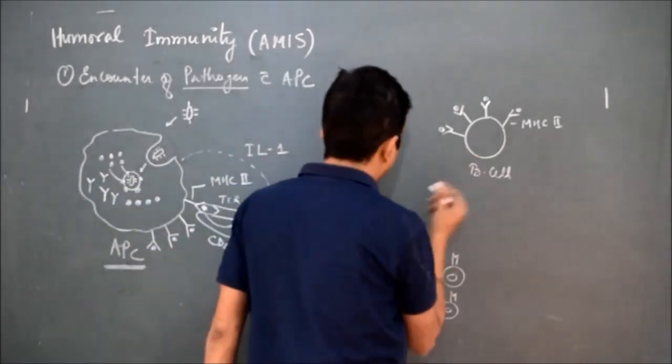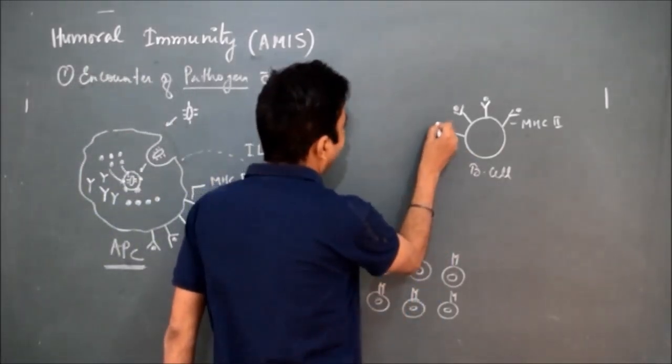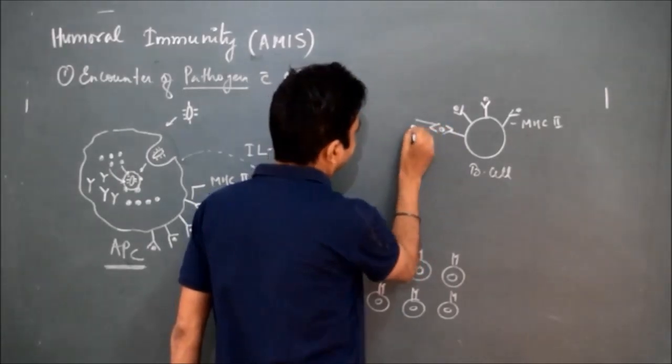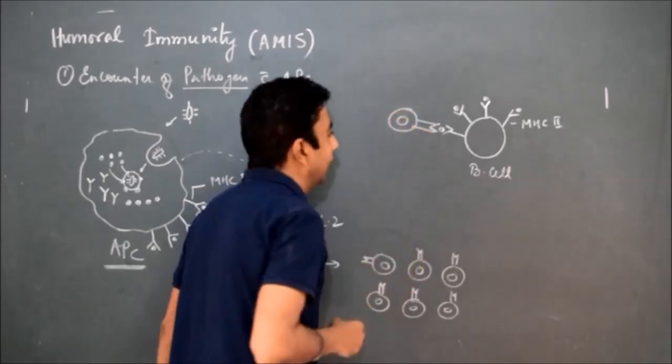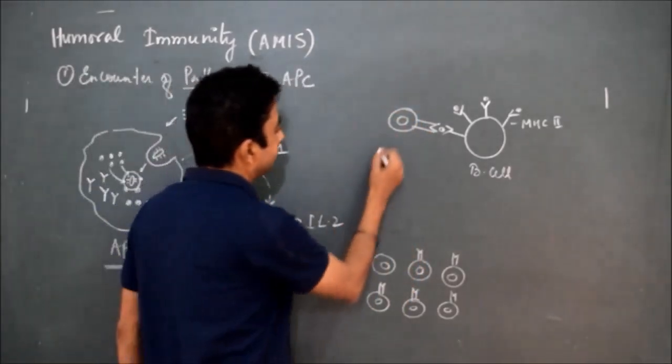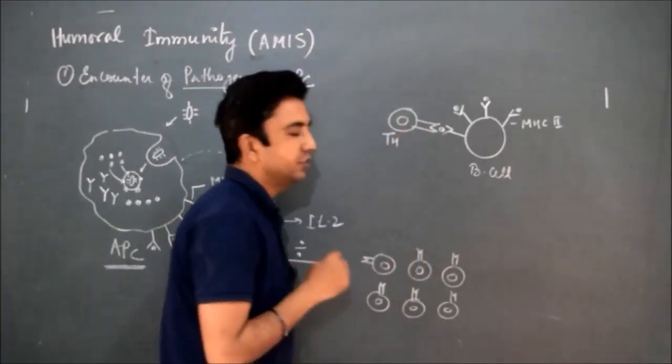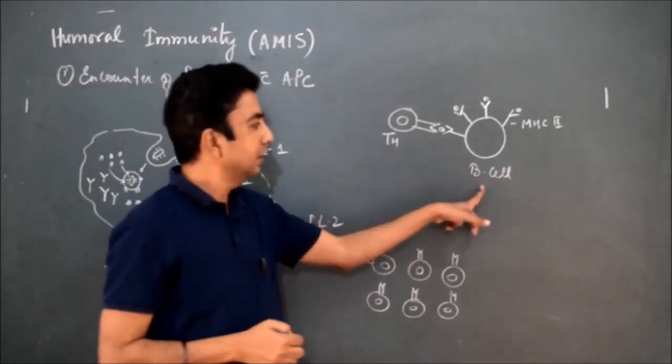So let's see what happens when the T helper cell attaches. This is the T helper cell, this is the B cell.